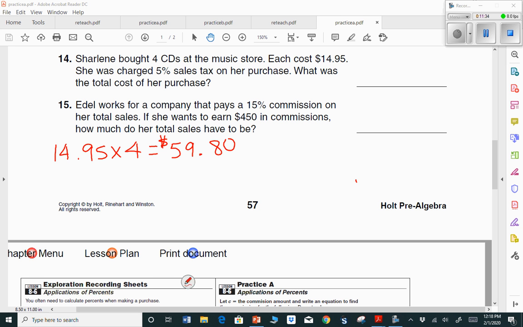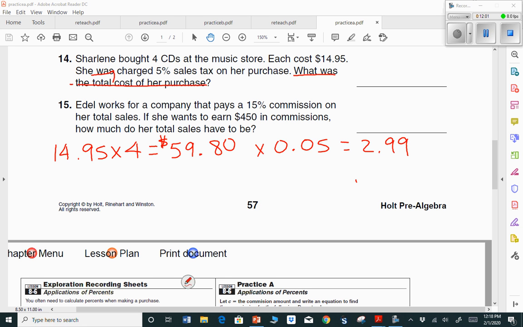That was her purchase, okay? If she is being charged 5% sales tax, just leave that figure in your calculator and put times 0.05. So she was charged $2.99 for sales tax. But the question asks, what was the total cost of her purchase?